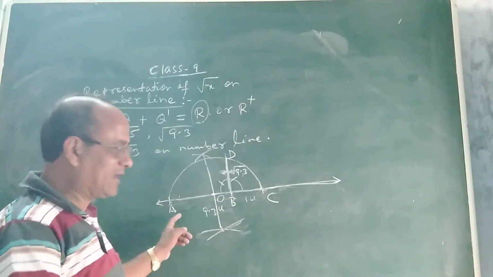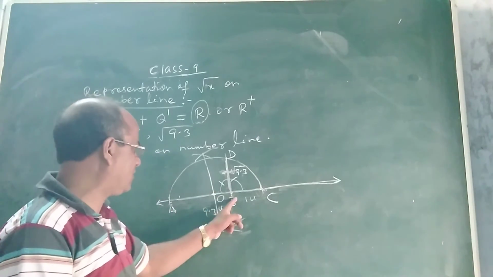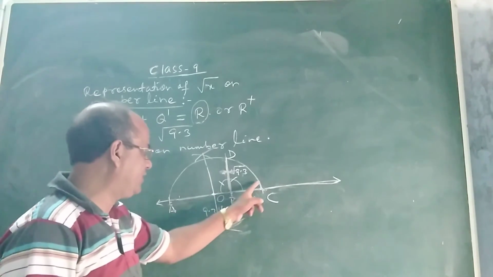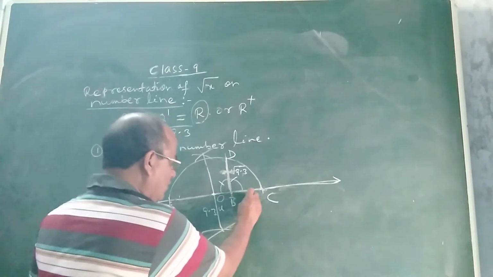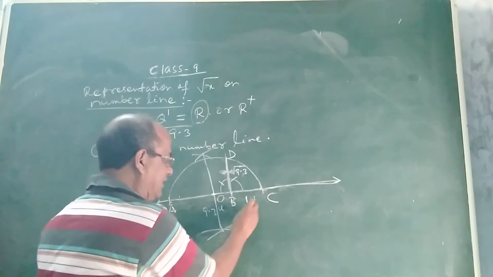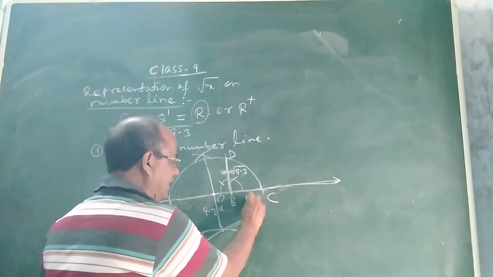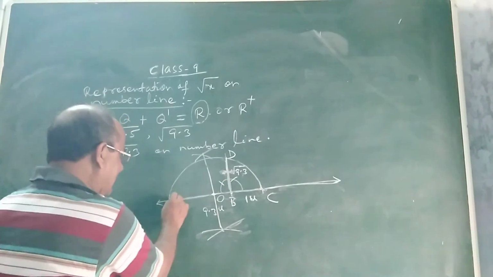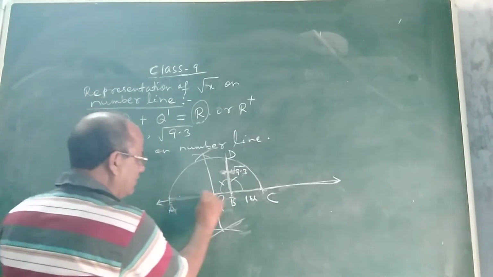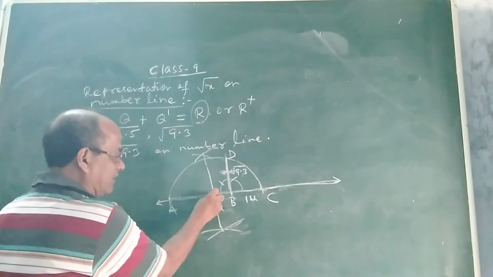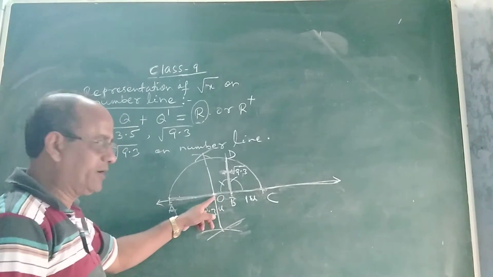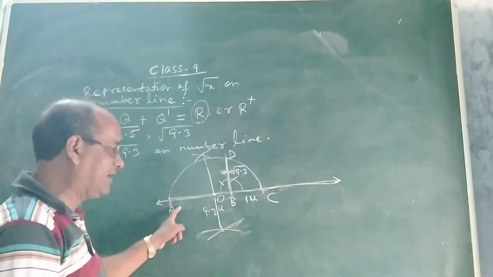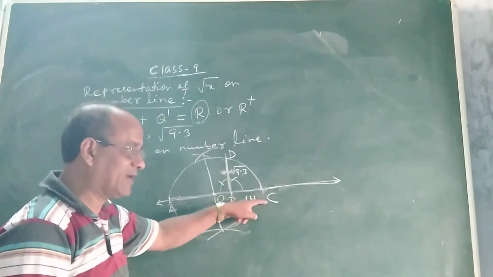Once again I am saying, children, first take AB equal to 9.3 unit or 9.3 centimeter. Then from B you cut an arc BC equal to 1 unit or 1 centimeter. Then you bisect the line segment AC to get the midpoint O. Then take O as the center and OA as the radius and draw a semicircle.